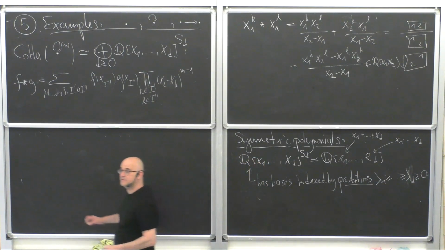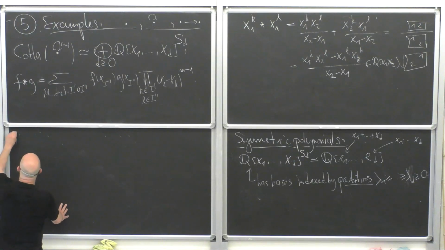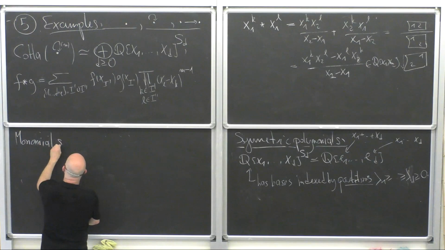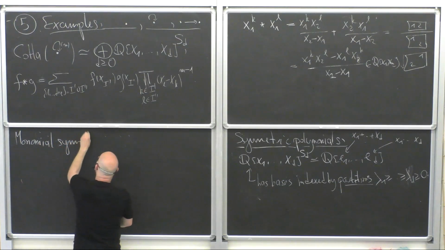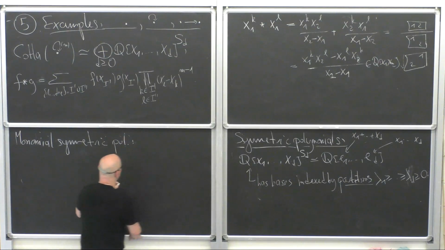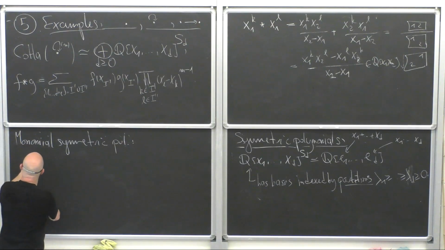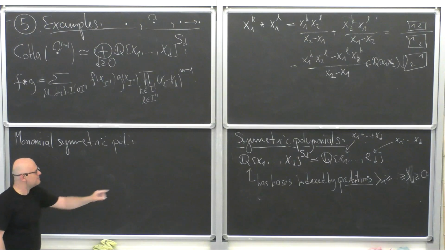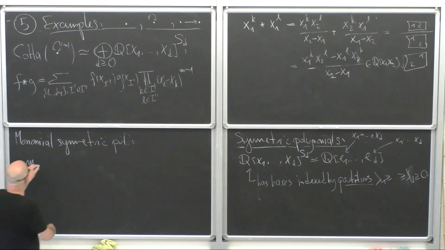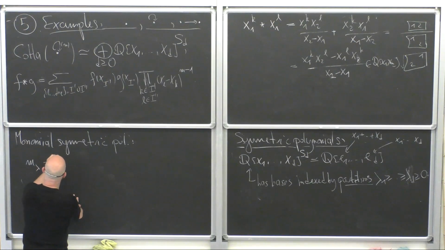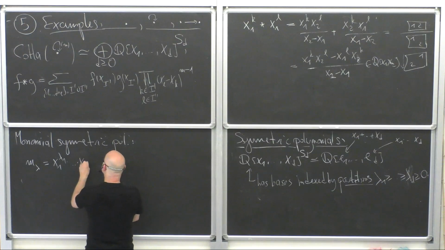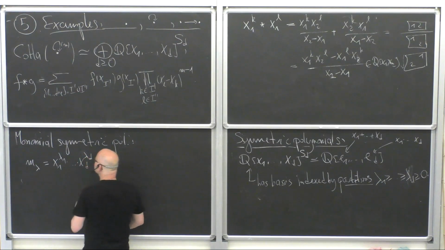Okay, let me write these bases down. So monomial symmetric polynomials m lambda, where lambda is just short for such a partition, lambda 1 to lambda d. This is nothing else than you take the monomial x1 to the lambda 1 times through xd to the lambda d.